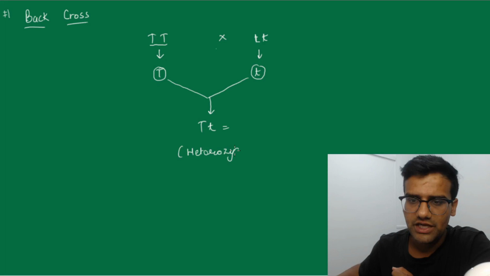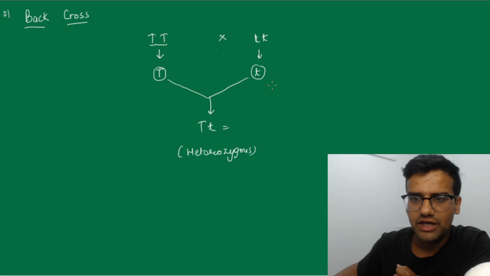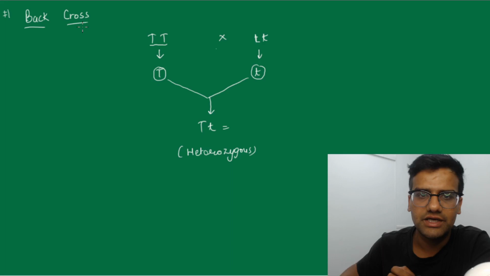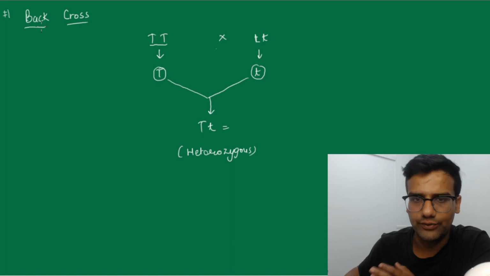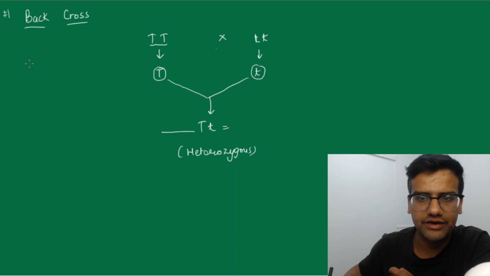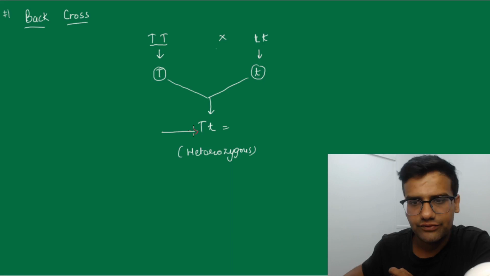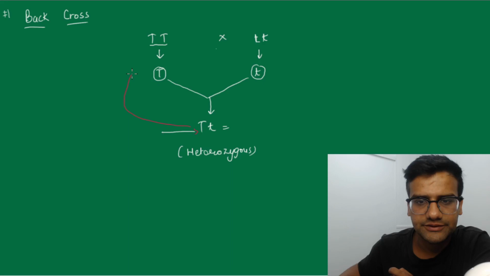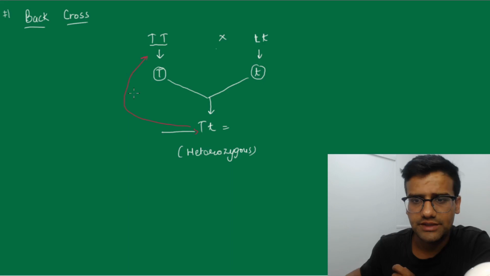If this heterozygous tall plant is crossed with either one of the parental generation, then it is called back cross. If we cross this heterozygous tall plant with a homozygous dominant plant, then it is said to be outcross.